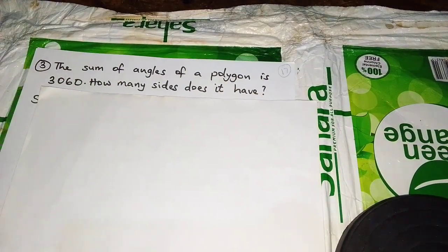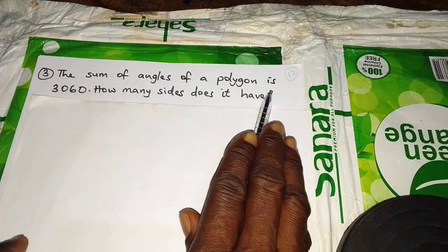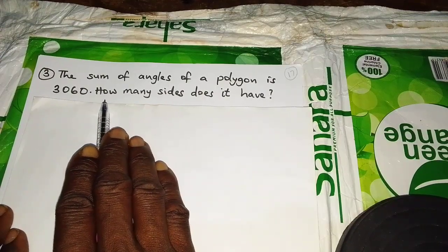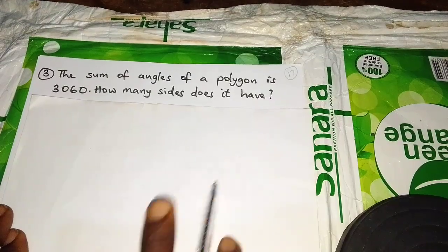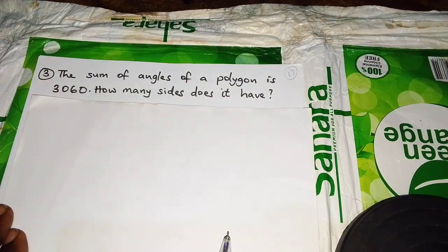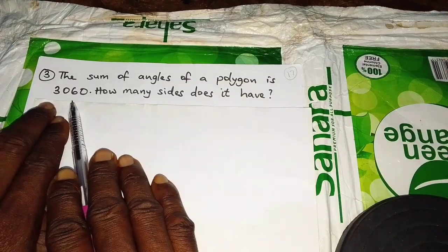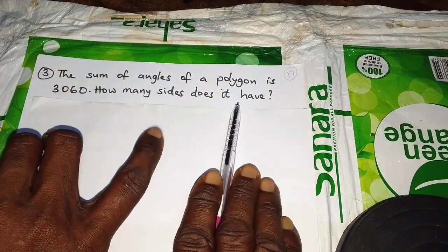Now if you have this question: the sum of the angles of a polygon is 3060. How many sides does the polygon have? Here you are given the sum of the angles of the polygon, but you don't know the number of sides.